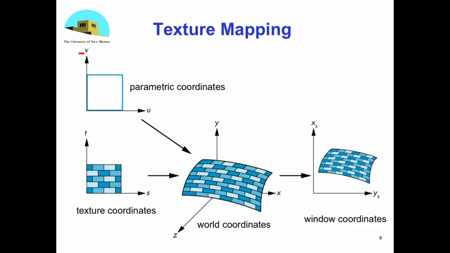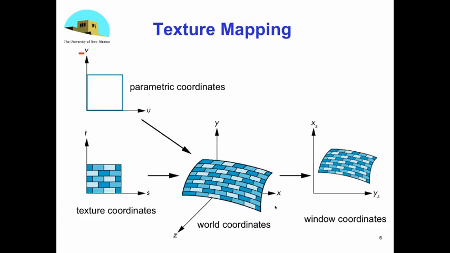So we have a separate space here that's getting mapped over into world coordinates, but it tells us there's a point here and a point over here that, when I figure out where that x, y, z is, I can in principle figure out which point back here in ST space is going to give me the color I want, and then eventually this is going to go through the pipeline and be mapped out into screen or window coordinates where we'll have XS and YS.